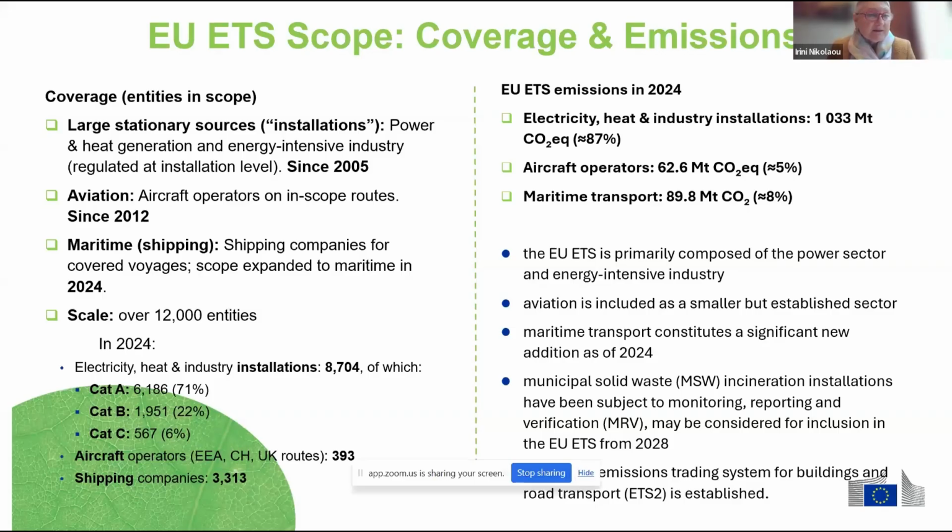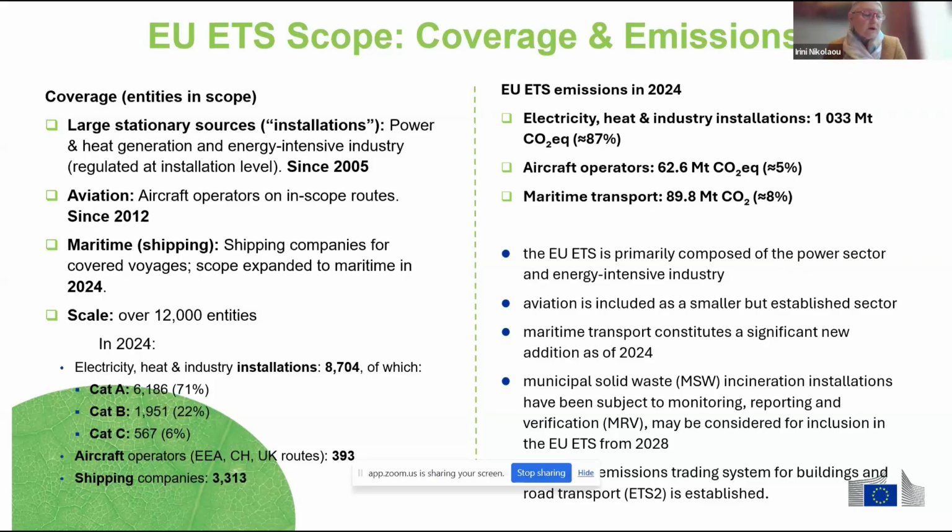Now it covers maritime shipping companies for covered voyages, and the scope expanded to maritime in 2024. The entities in the registry are about 12,000. In 2024, the electricity, heat, and industry installations were about 8,704. And there we have categories.